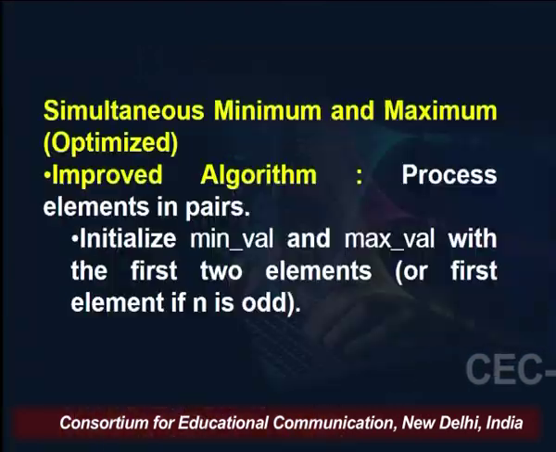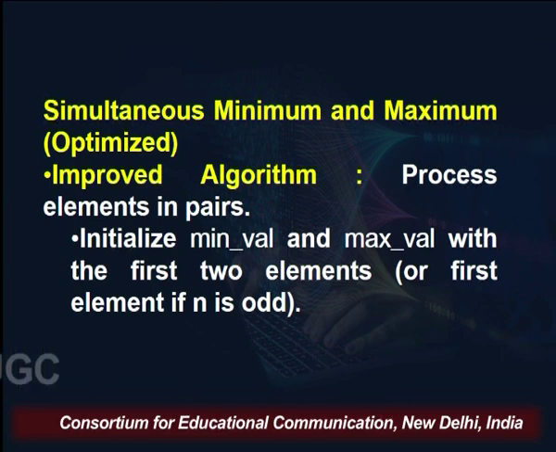Do we have any optimized version of this simultaneous minimum and maximum? Yes, we can have an improved algorithm, in which we process the elements in pairs. We initialize two values, a min val and a max val.